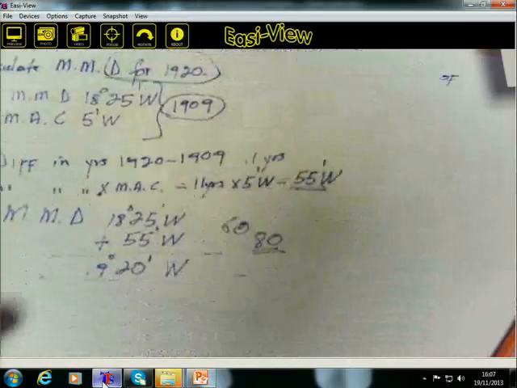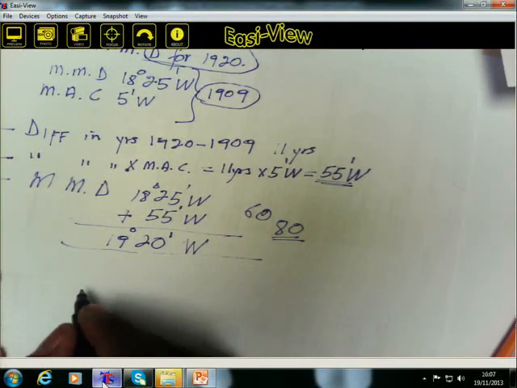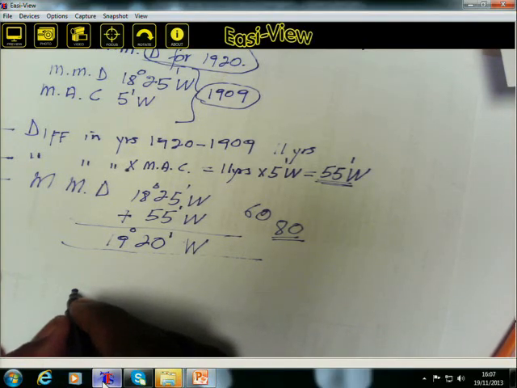Now, at the very same point, this is what? Mean magnetic declination. Now, you have 2 points. You've got a point here.